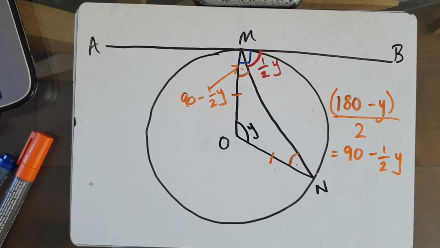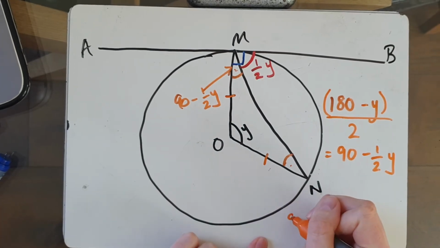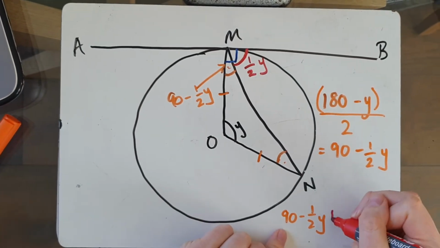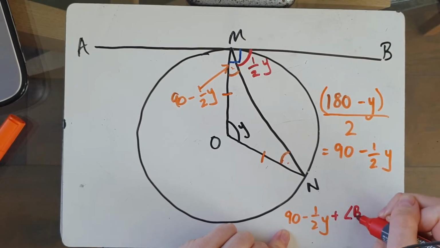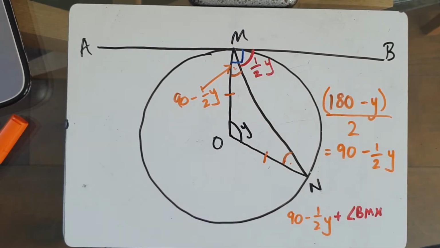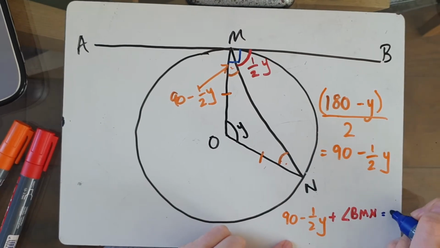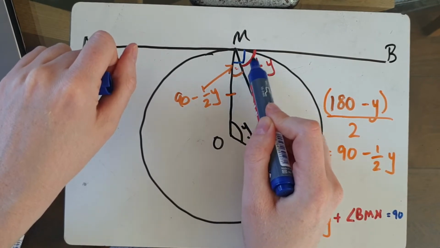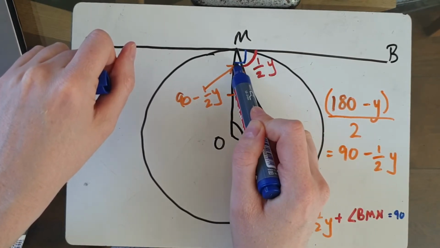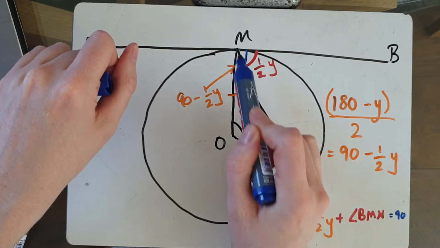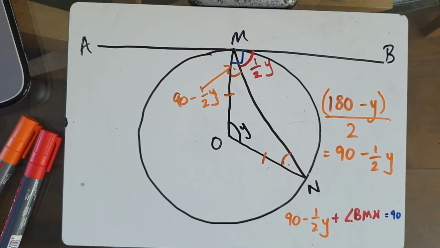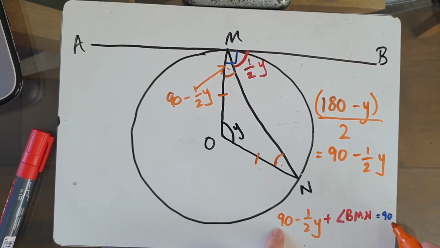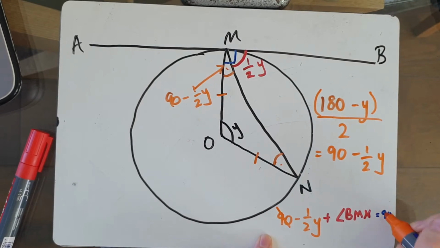The other way we could do it is we could say that 90 minus a half y plus angle BMN equals 90. So this 90 minus a half y here, plus this angle BMN, must equal 90 degrees because it is the angle between a radius and a tangent. And if we rearrange this, I'm going to do that over here. Take 90 away from both sides, so this goes and this goes.